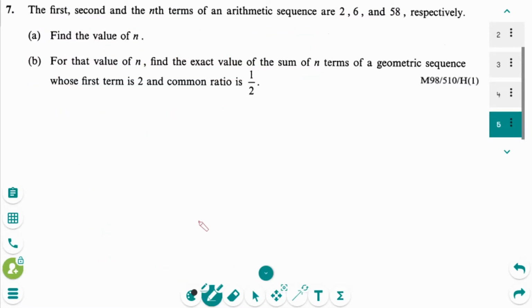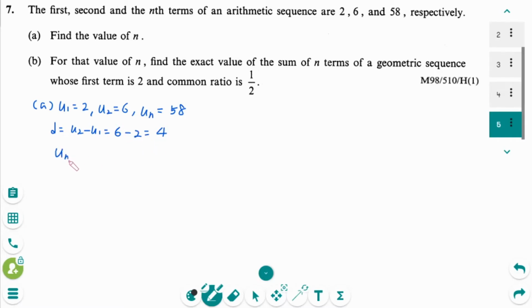This is the May 1998 HL Paper 1 question. Number 7a. U1 equals 2, U2 equals 6, and Un equals 58. The common difference D equals U2 minus U1. So 6 minus 2, which is 4.